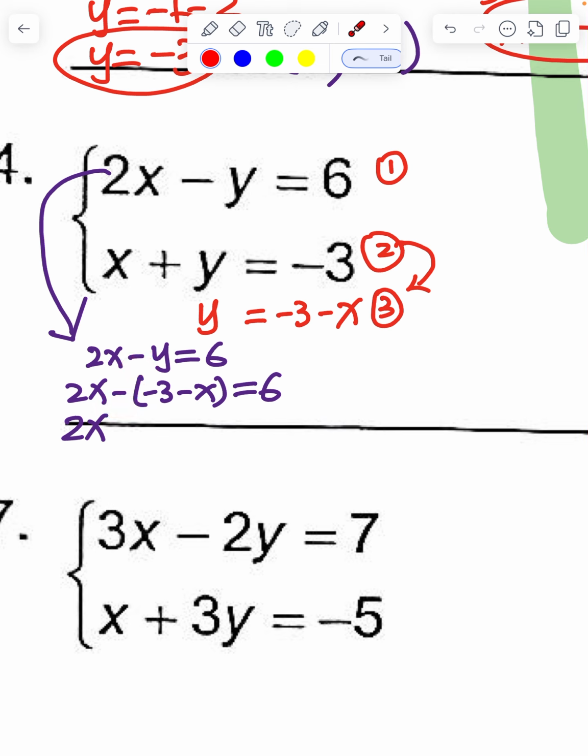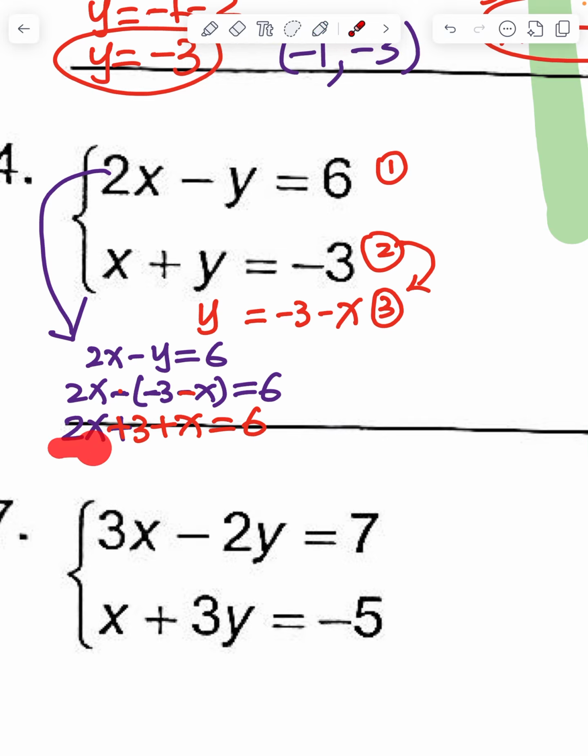Now we have to get rid of the parenthesis by the distributive property. So negative becomes positive, so plus 3. Negative here again becomes positive x. Now we can combine like terms. 2x plus x, that's 3x.